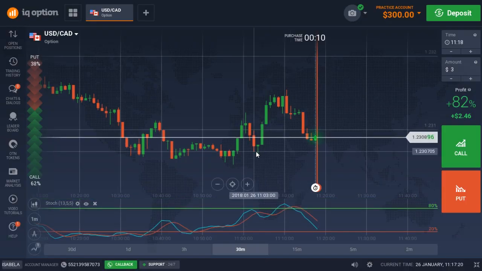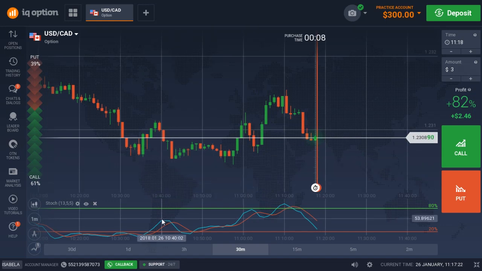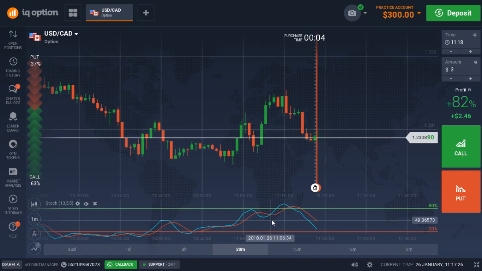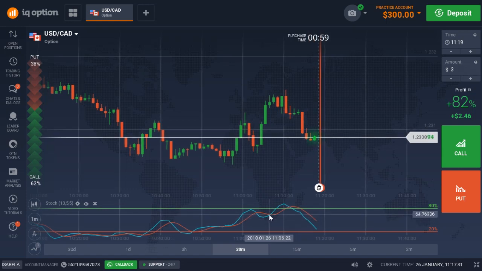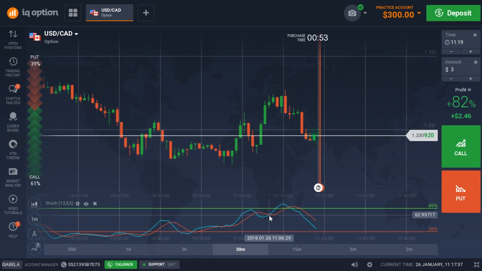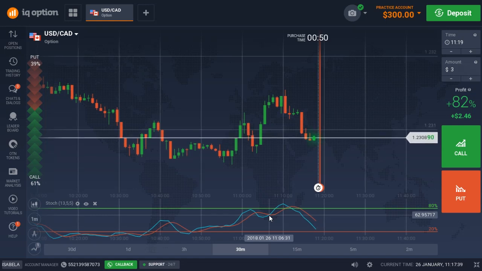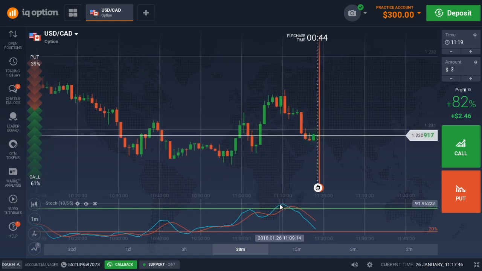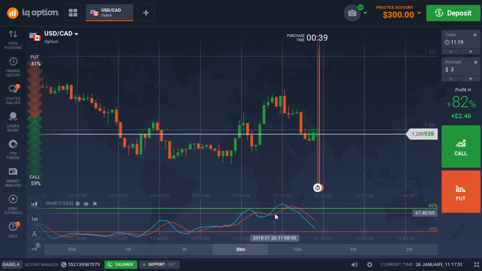Now what this indicator, which is an oscillator, tells us is not that the market is going to go a certain way, but it indicates that the probability of the market going up or down is higher. The lighter line is what is called the main line of the stochastic indicator, and the red line is the signal line.